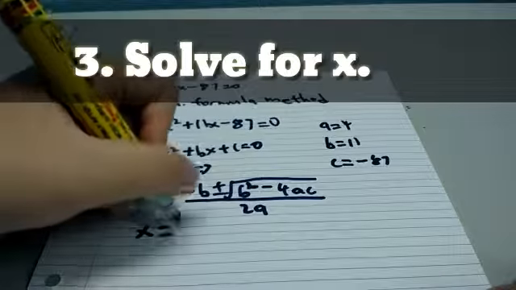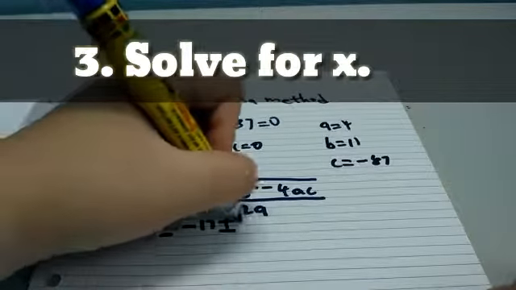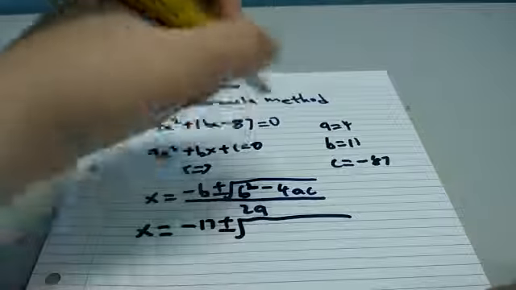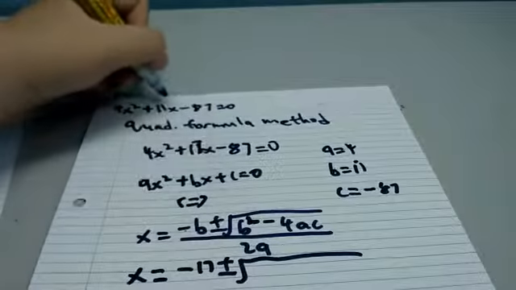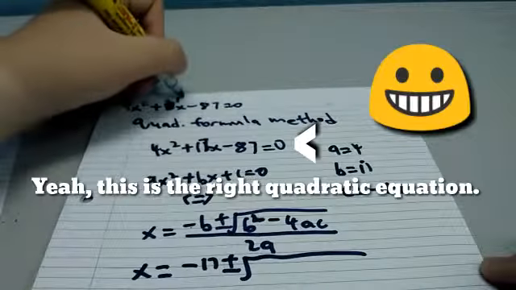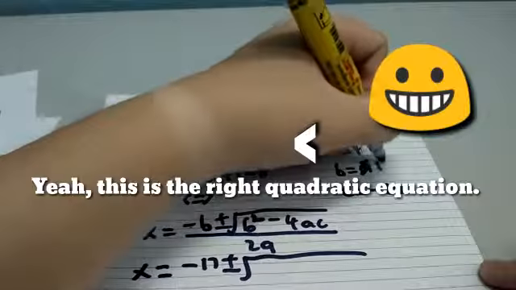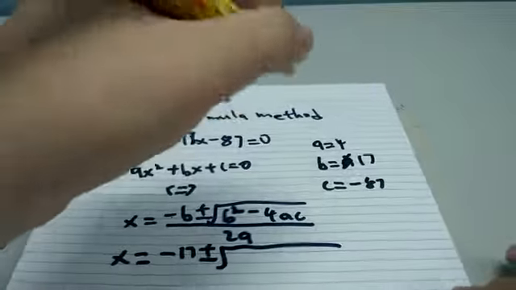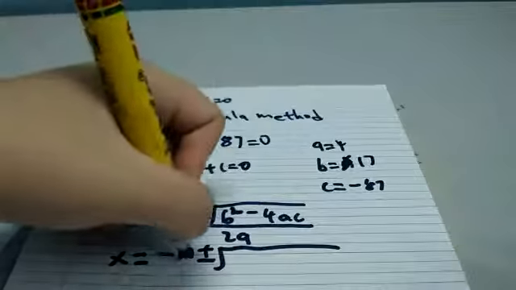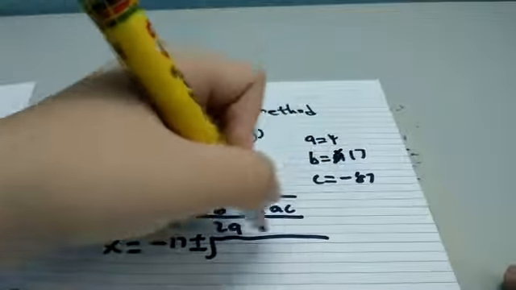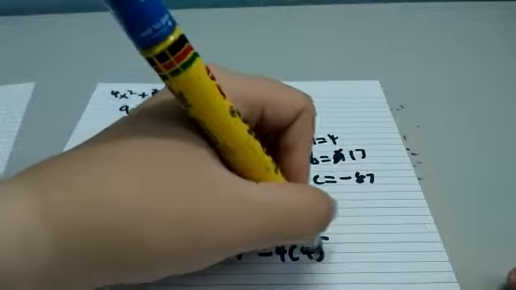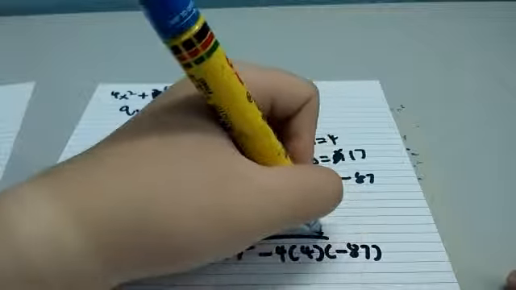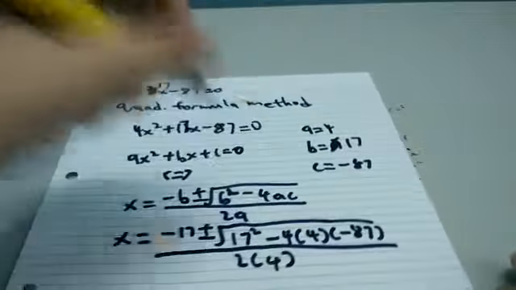So x is equal to negative 17 plus minus the square root of... I made a huge mistake, guys. This is not 11, it's actually 17. So negative 17 plus minus the square root of 17 squared minus 4 times 4 times negative 87, over 2 times 4.